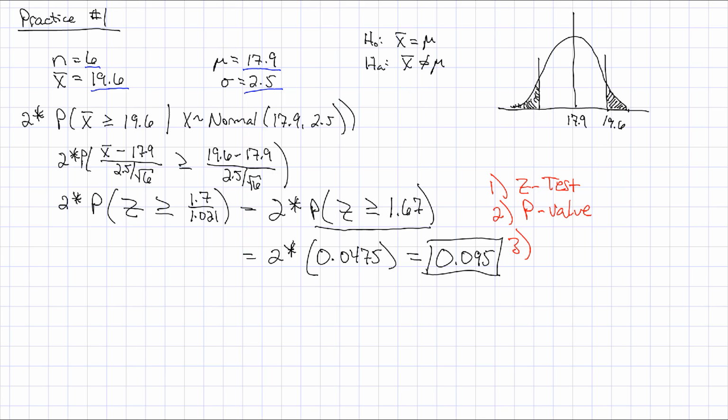So because p is greater than 0.05, we fail to reject our null hypothesis. Fail to reject null hypothesis.